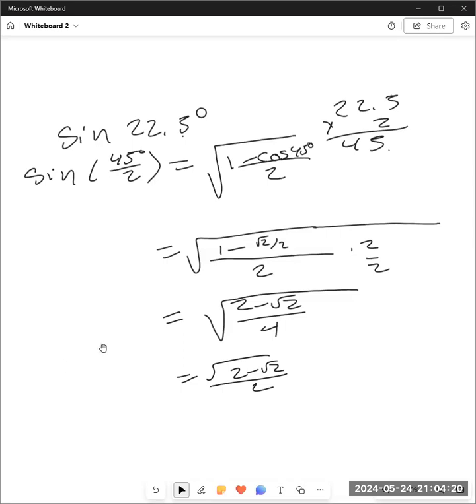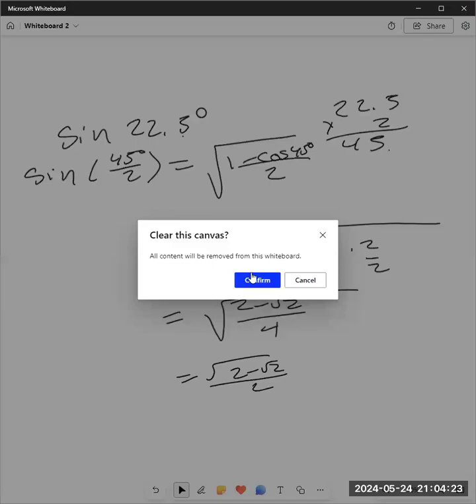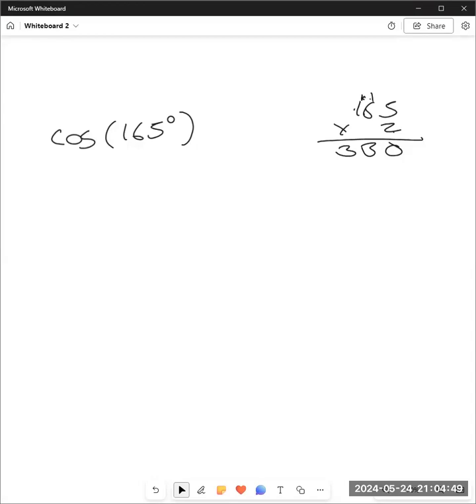And then last here, number 5 is to use the half angle formula to find cosine of 165 degrees. So 165 times 2 is 330. So that's cosine of 330 divided by 2. 330 is 30 degrees off of the x-axis down here.